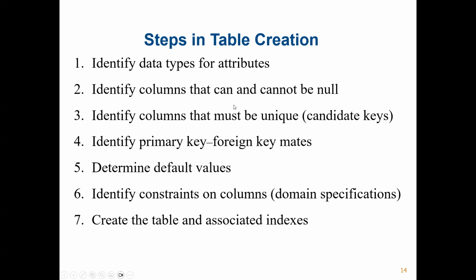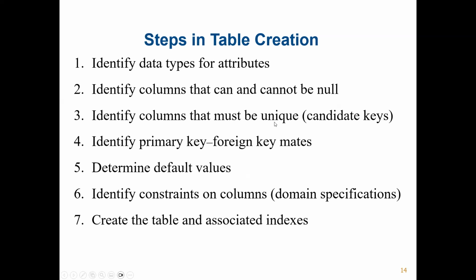For last name and first name, if you like, you can say it can be null. Or also we can set it that it cannot be null because we need to identify each customer's last name, first name. But I would say no, okay. If we know the customer ID, then we know the first name and last name. Again, it's up to you how you come up with your design. The next one is to identify the column that must be unique. So this will be the primary key field.